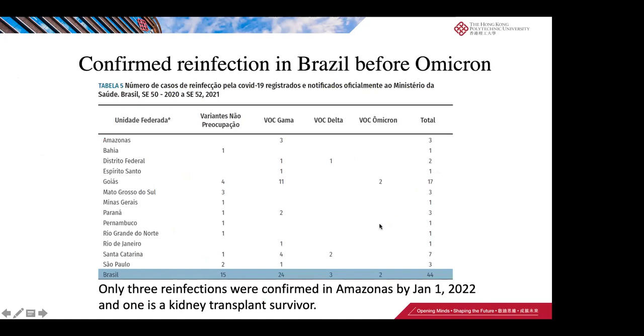Let's keep seeing this table, by the end of last year. I think this number would go up quickly next month, because we are already seeing a lot of reinfection of Omicron in South Africa and other places. Thank you very much.